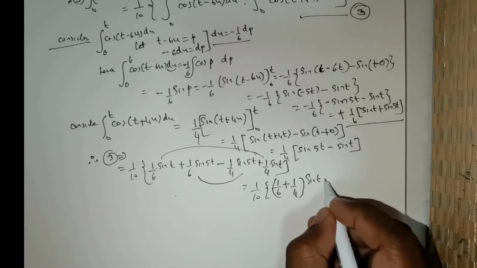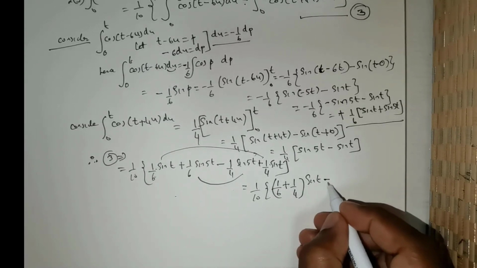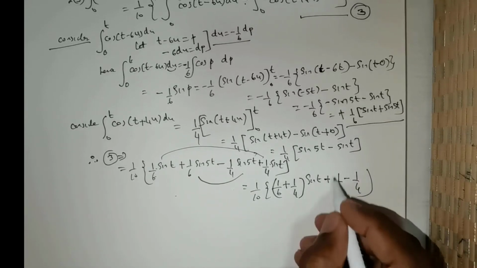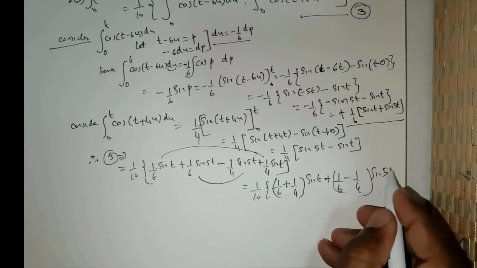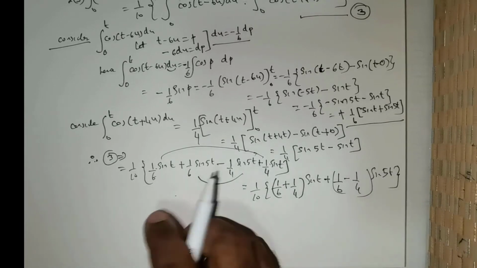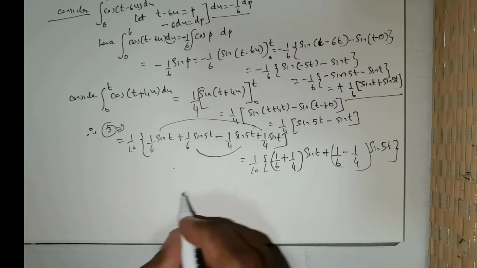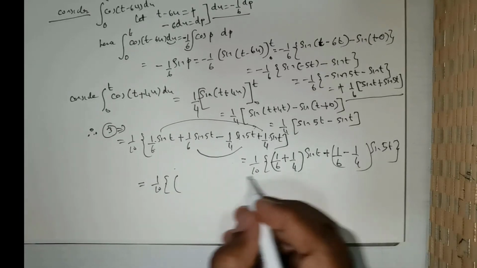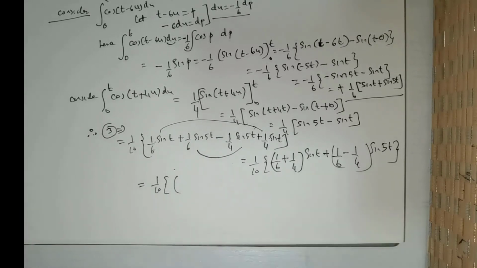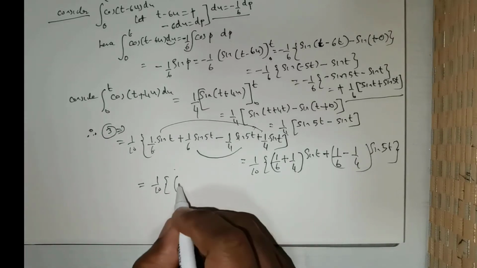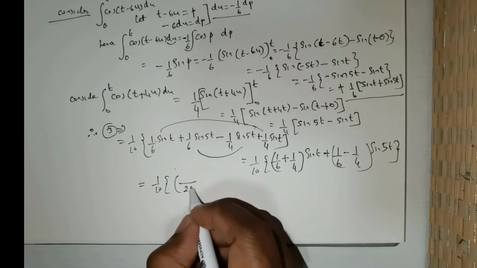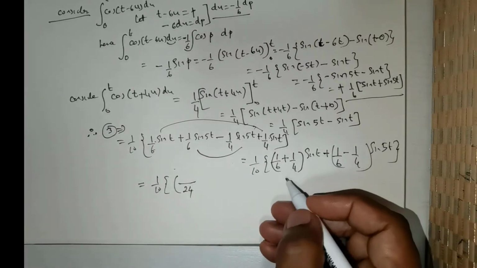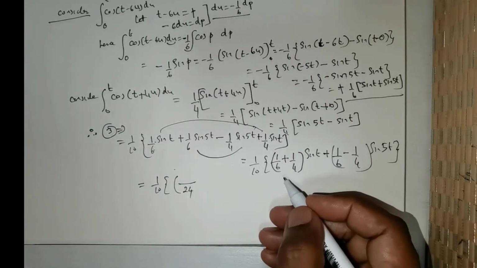Then I would have to take sine 5t out, so it's going to be 1 over 6 minus 1 over 4 of sine 5t. So this is how it's shaping up. This is equal to 1 over 10 times, if I take the LCM as 24, it's up to you. You take whatever value you want, because you need to simplify this. It can be simplified in many different ways.